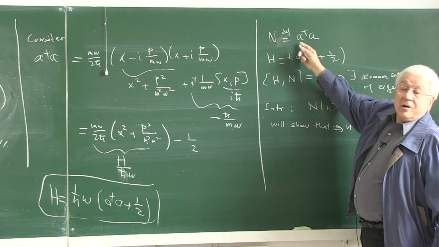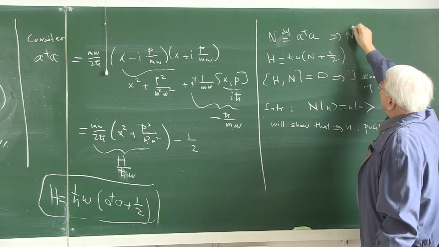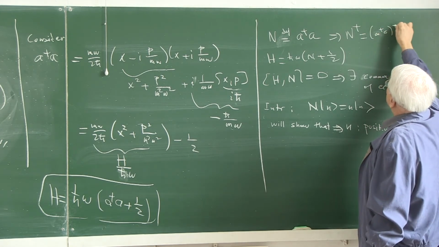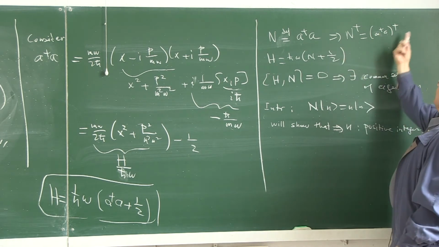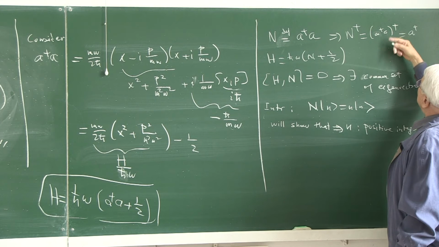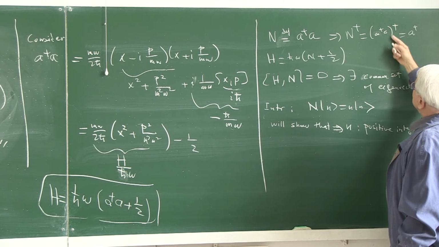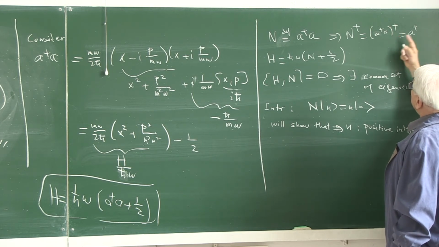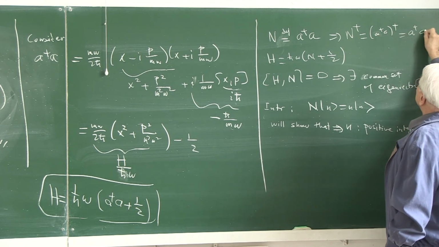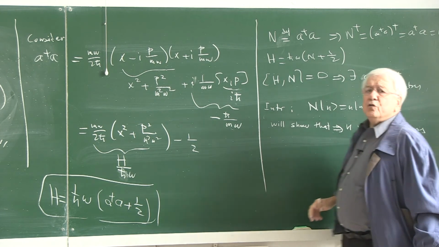Although A and A dagger are non-Hermitian, N is beautifully Hermitian because you just take the Hermitian conjugate of this thing. Hermitian conjugation requires that you reverse the order and take the Hermitian conjugate of the second one first and the first one next. The dagger of the dagger is itself, so it is really Hermitian, there is no problem.